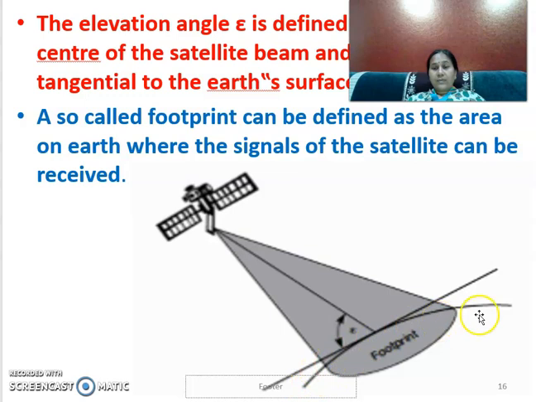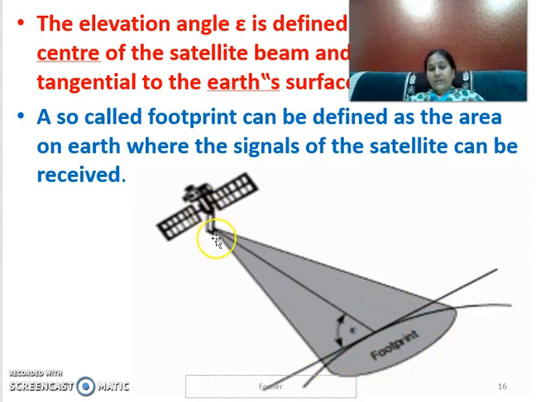The circular, curved path is the surface of the earth. If you draw a tangential line from the earth with respect to the satellite, you see how the signal is applied onto the earth. This is called the footprint area.